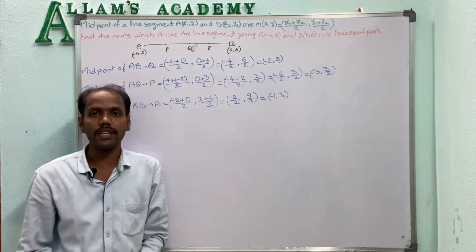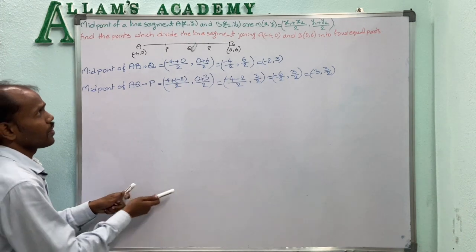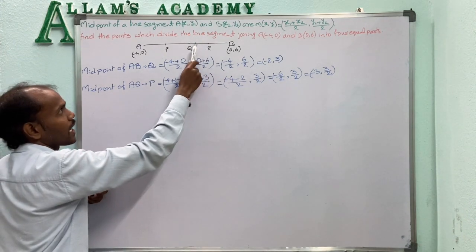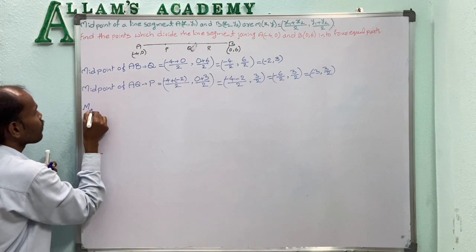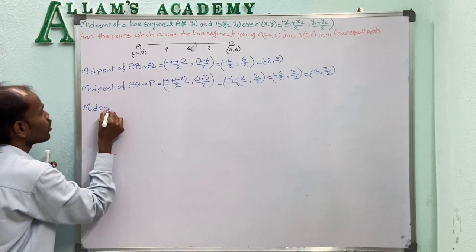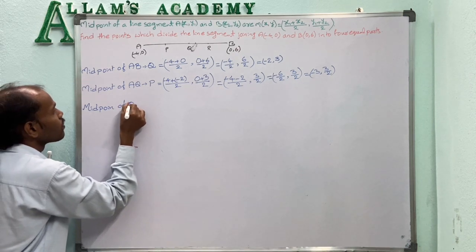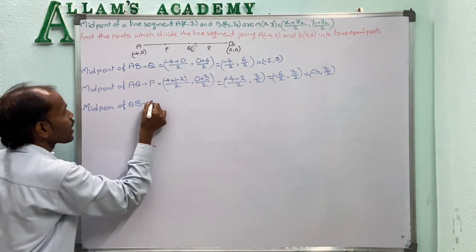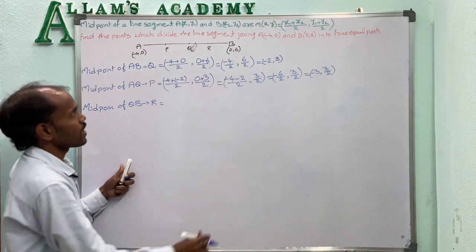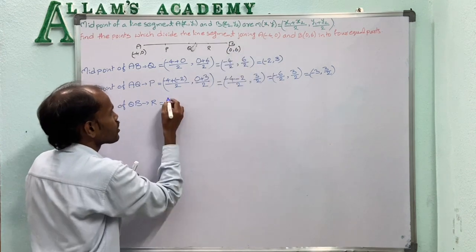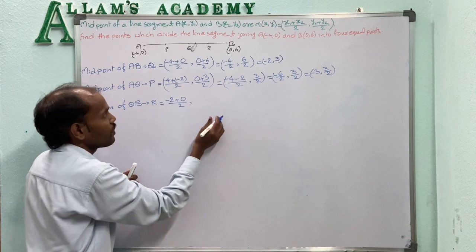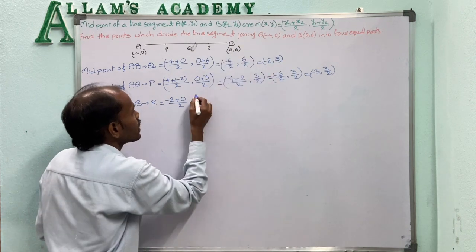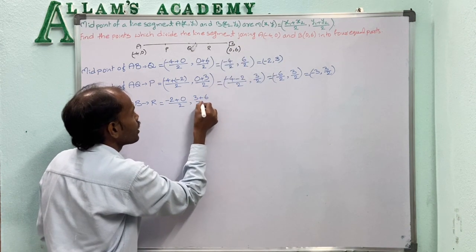Those are the points. So now we find the point R, that is nothing but the midpoint of QB. So midpoint of QB is equal to R. So (x1 plus x2) by 2, minus 2 plus 0 by 2, (y1 plus y2), 3 plus 6 by 2.